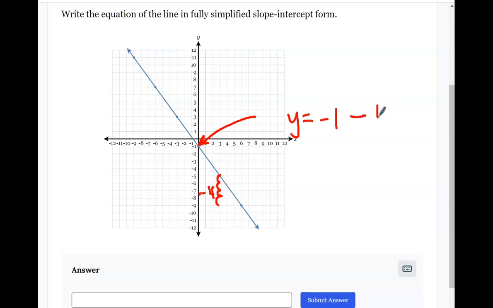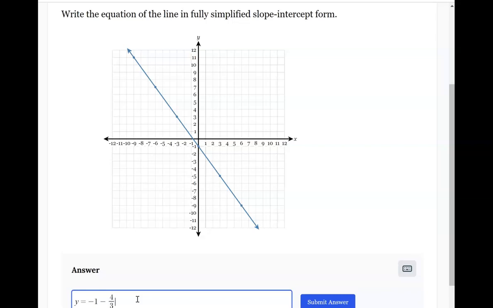Down 4. And then over 1, 2, positive 3. Don't forget, slope is the coefficient of x, so you need to write an x at the end of that sentence. So for us, our equation is y equals -1 minus 4/3 x.